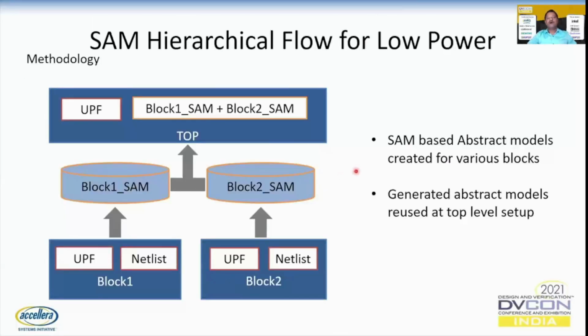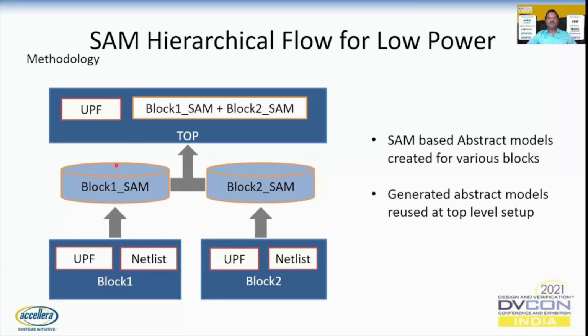Before we learn how SAM flow works, let me remind you that SAM flow is applicable to clock domain crossing as well as low power checks. At block level, designers would have the necessary design and power intent, that is UPF, available. After performing the low power checks and reviewing results, the sign-off abstract model needs to be generated by VC SpyGlass.